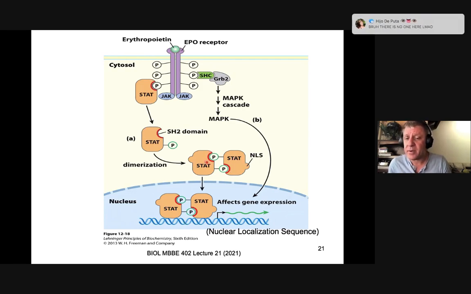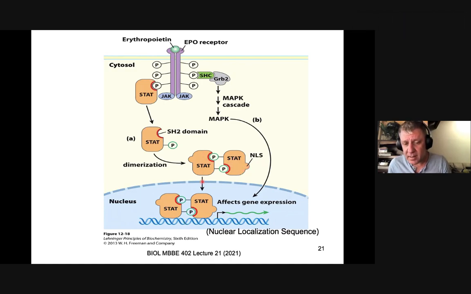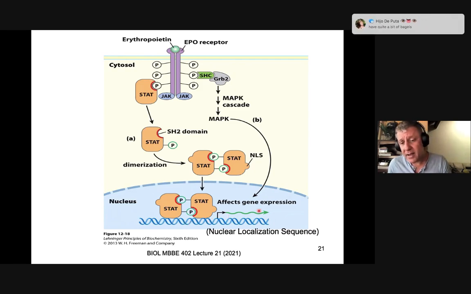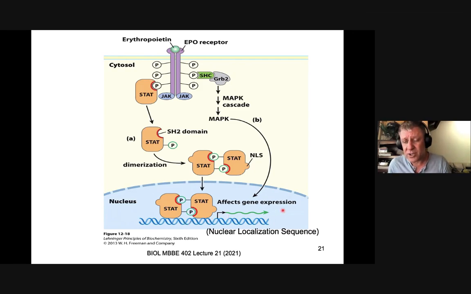Once they form that dimer component, they have these nuclear localizational sequences that bring them into the nucleus through the membrane and also then bind to the DNA to increase messenger RNA and allow impact on gene expression.